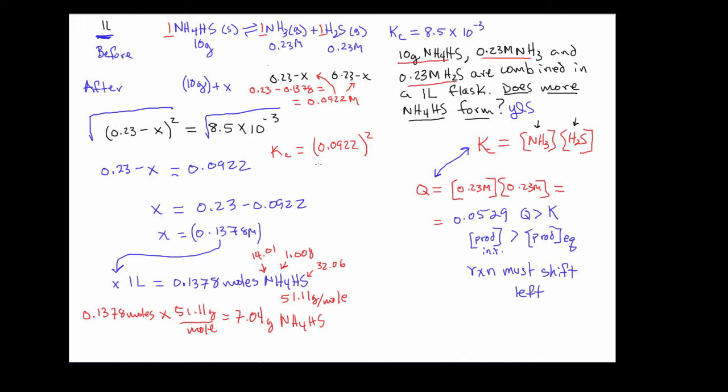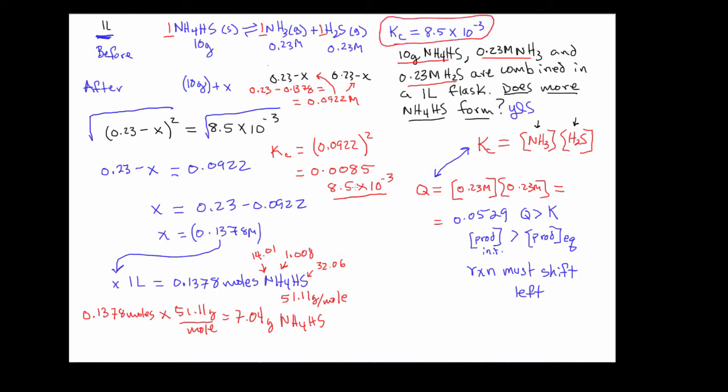When we do that, we get 0.0085, literally. So this is 8.5 times 10 to the minus 3. And this value matches very well with the starting equilibrium Kc value that we were given.